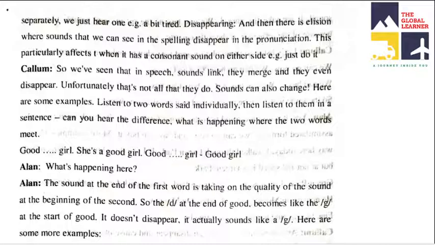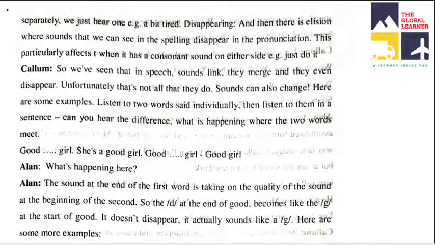This particularly affects the sound t, represented by the letter T, when it has a consonant sound on either side of it. For example, in the phrase just do it, where we don't pronounce the t at the end of just. So we've seen that in speech sounds link, they merge, and they even disappear.